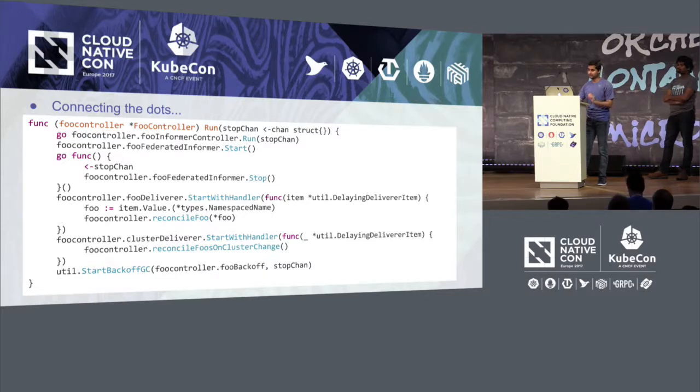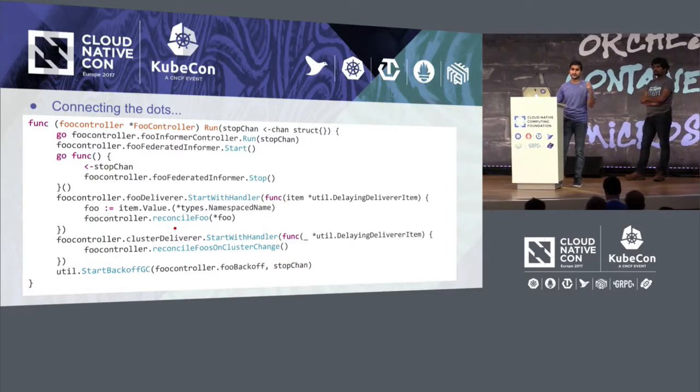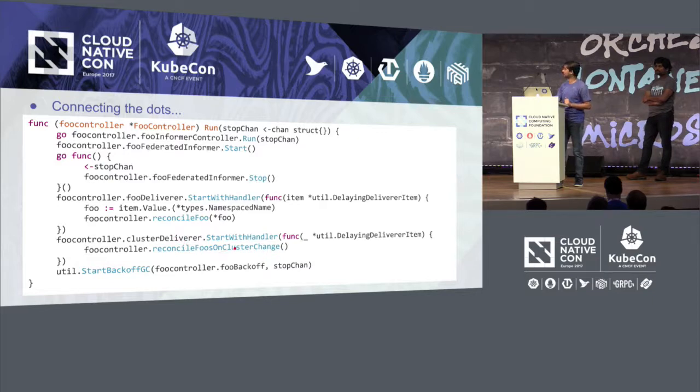So you provide implementations for the reconcilers. There are two reconcilers. One runs whenever the cluster membership in federation changes, which is called reconcile foos on cluster change. And there is another reconciler which runs every time an object itself changes. So you provide the implementation for these two types of reconcilers.